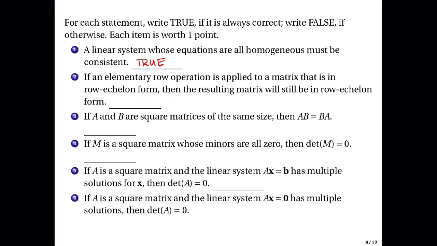Correct. So the answer is false. If you switch two rows, then definitely you will not get a row echelon form. So this is false.